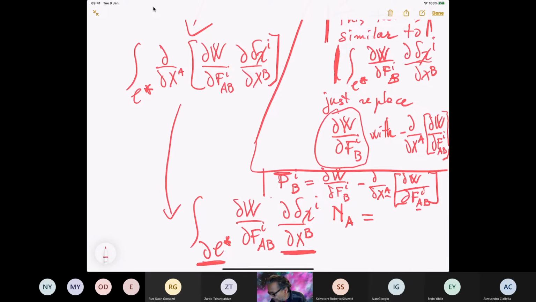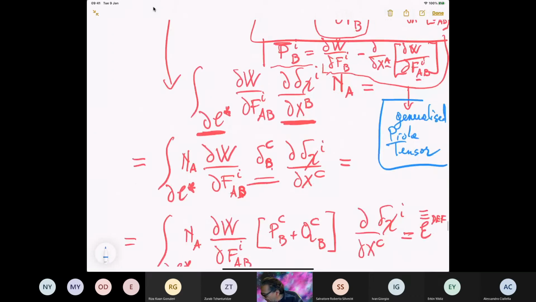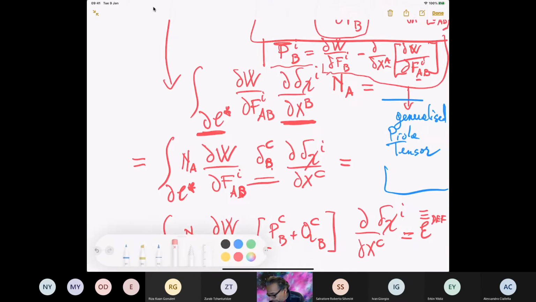This is not true. We can call this the generalized Piola tensor. Why generalized? Because this is to be used in generalized, second gradient continua.